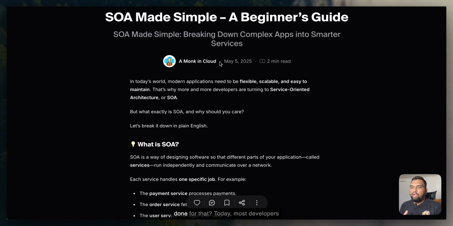So today, most developers prefer REST, which is Representational State Transfer, as it is faster, simpler, and better suited for web and mobile applications. So that's the reason why we have moved to a REST-based architecture.